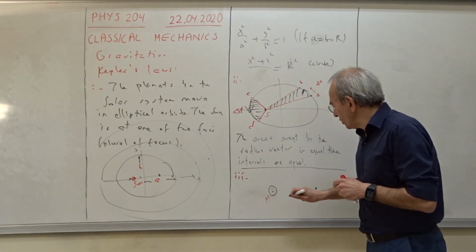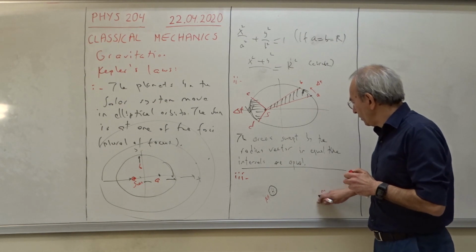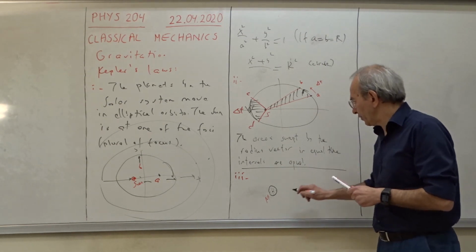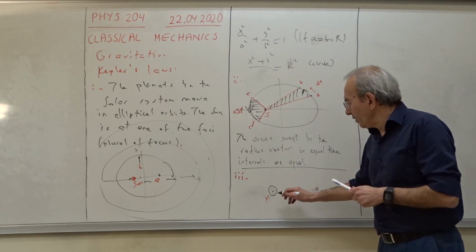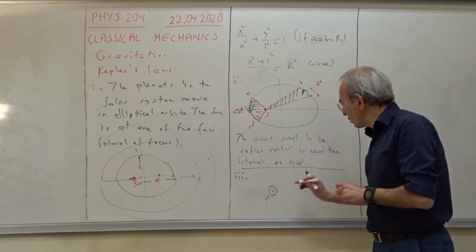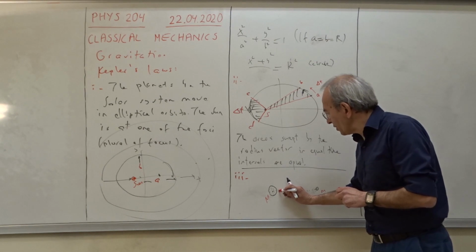If you join the centers of these objects, like this, so this is the line joining them, the general overall center of mass corresponds to, let's say, somewhere here.